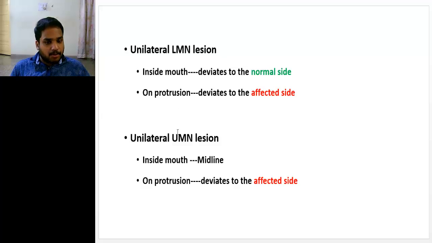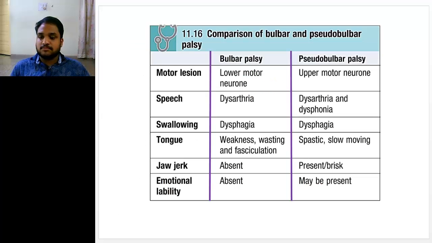Now what about an upper motor neuron lesion? Inside the mouth, the tongue would be in the midline, and on protrusion, the tongue would deviate to the affected side, right? So on protrusion, let it be UMN, let it be LMN, the tongue would be deviating to the affected side. Clear? So you can know that the hypoglossal nerve is involved there.